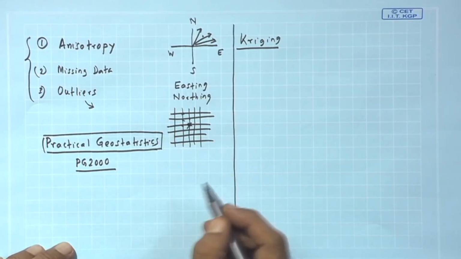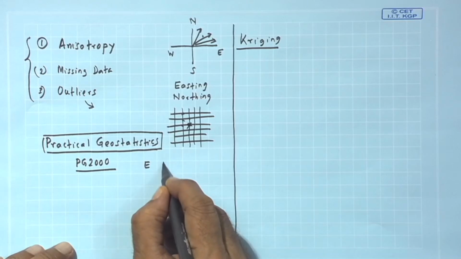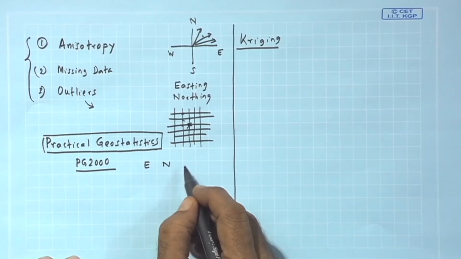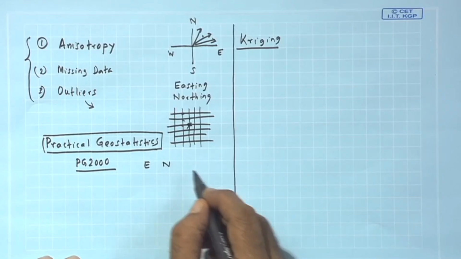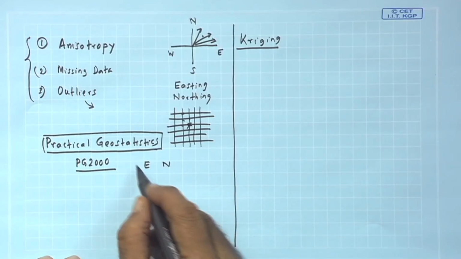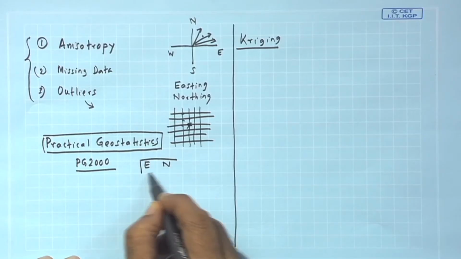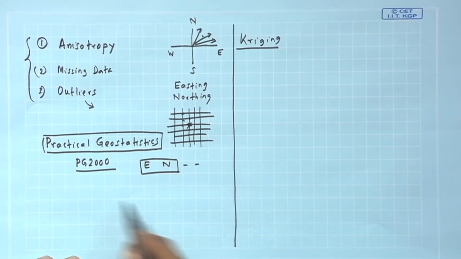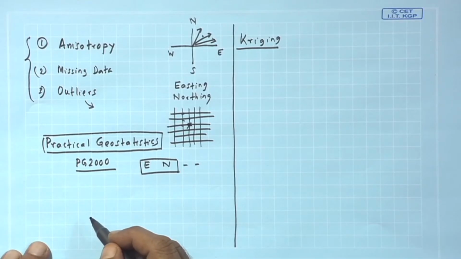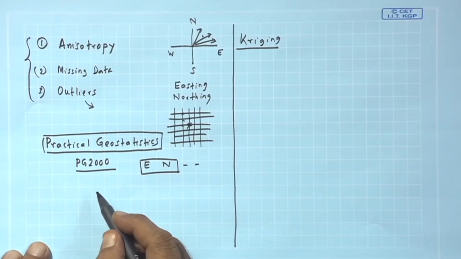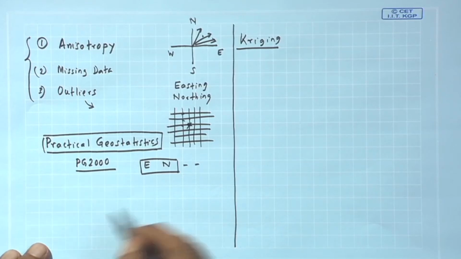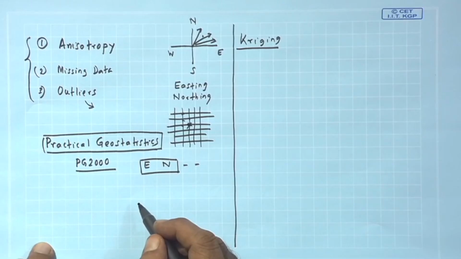For example, the data set could have easting, northing, and any attribute value that we could talk about in terms of the value of the metals or one or more than one metal grade, which will be given at different points. Such an example data set can be taken, and with this exercise one can always get a feel of plotting these semi-variograms and also fitting them into different types of models and also go on with further exercise.